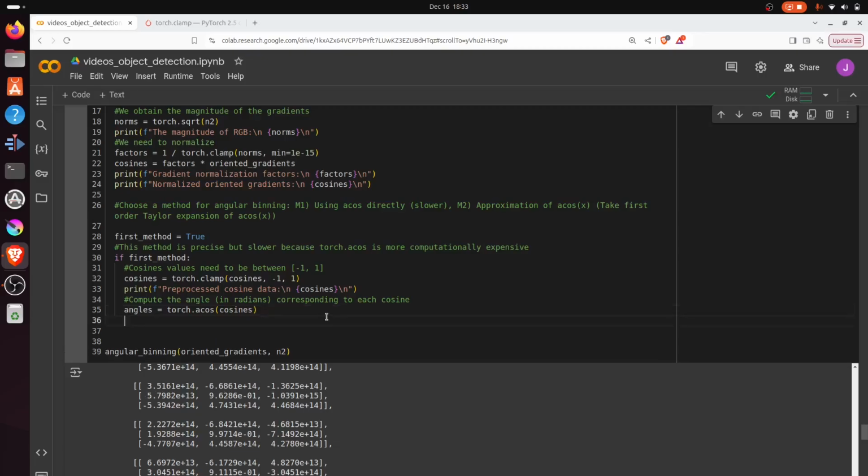Let's have a look at those: the angles in radians that correspond to each cosine value. Great, so let's also visualize that.